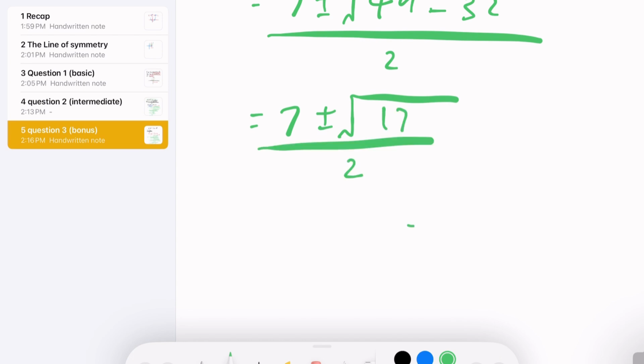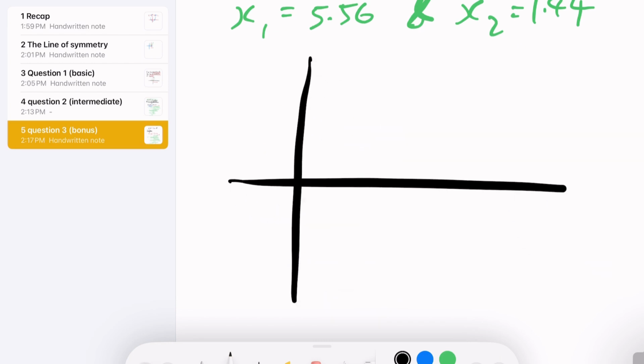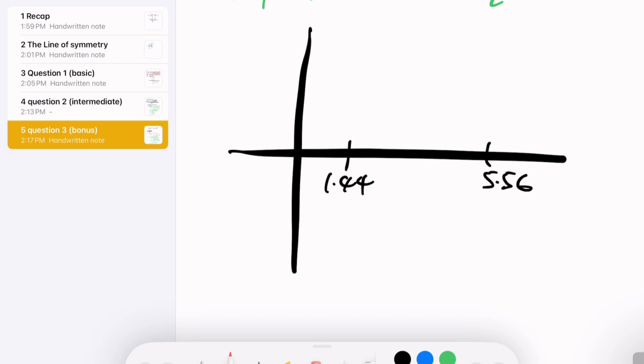This gives us two roots, where x1 is equal to 5.56 and x2 is equal to 1.44. Let's sketch our quadratic graph now. So remember that the line of symmetry is the x-coordinate of the vertex, and the vertex is the minimum point of the quadratic graph, which is also called a parabola.